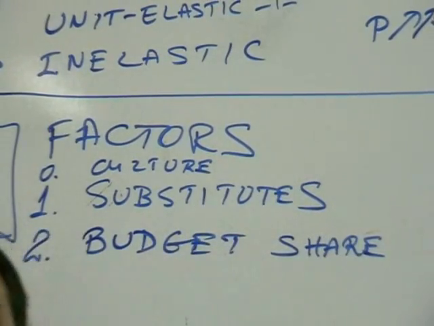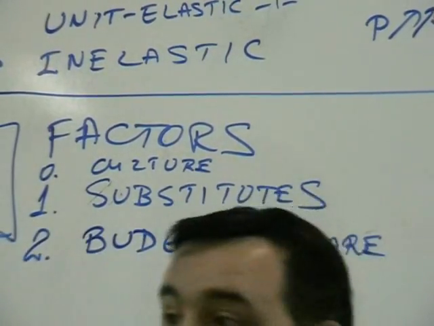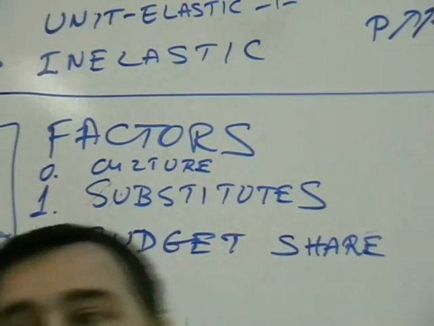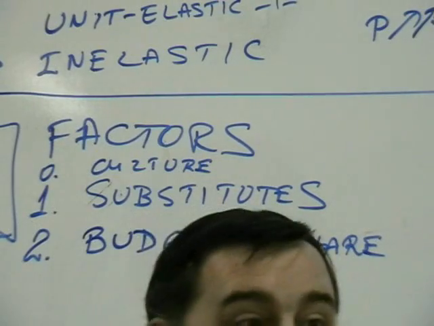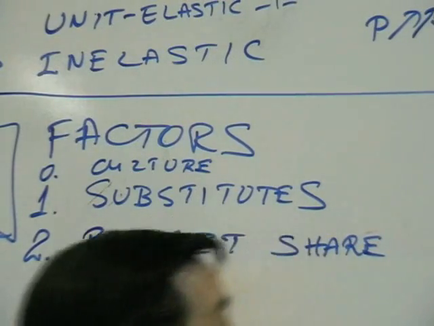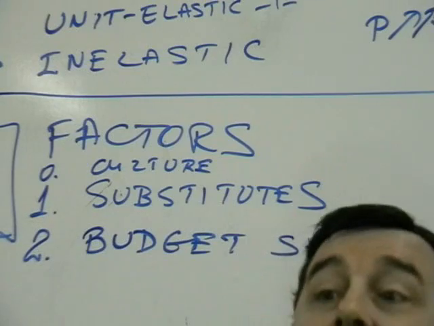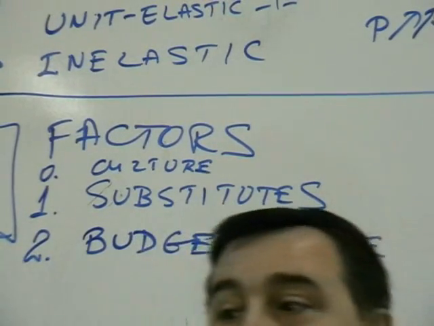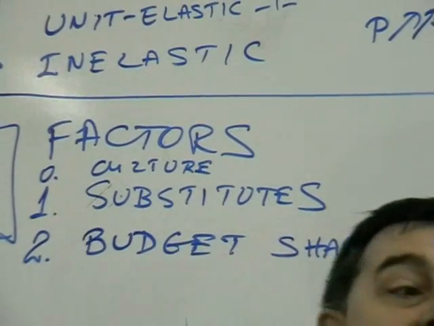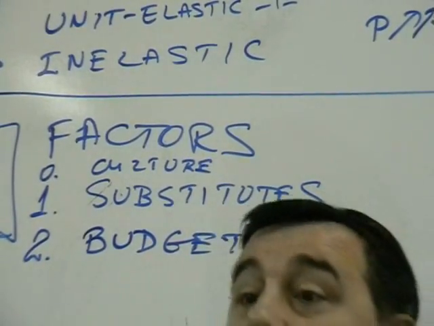On the other hand, if something takes a substantial portion of the budget, for example for a poor family, food will have a significant share. You have a lot of Bulgarian families with a fairly low income, let's say $800 or $1,000 per month.